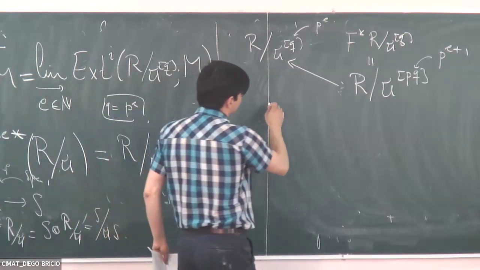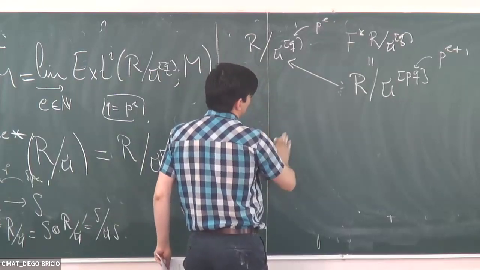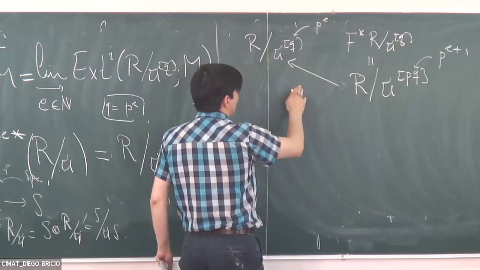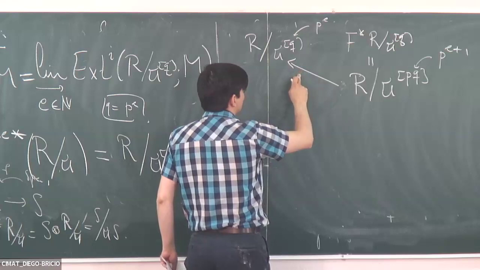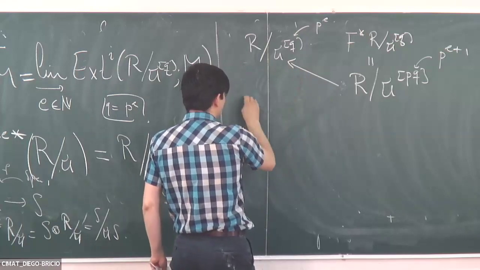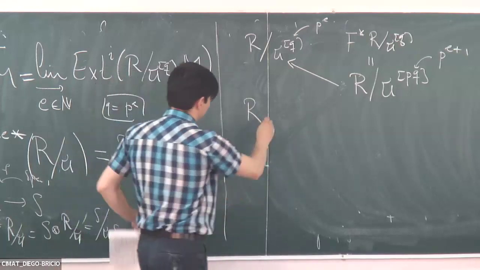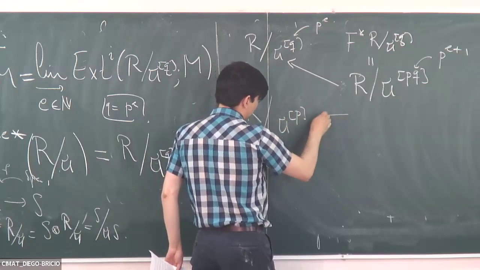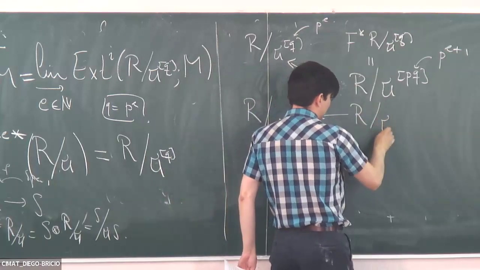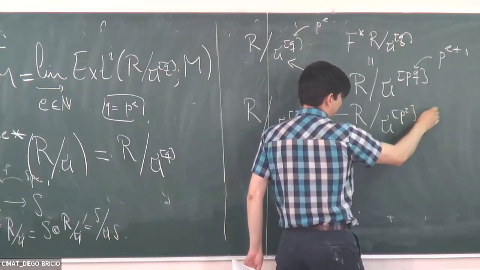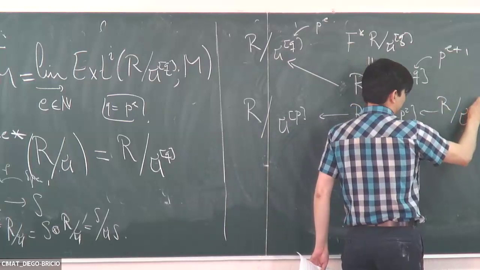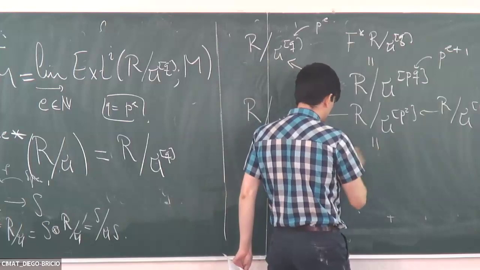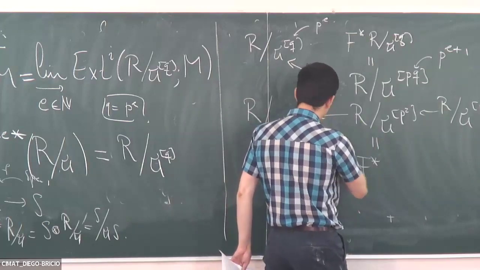So the point is that when I look at the sequence here, let me do it: A to the P, A to the P squared, A to the P cubed. My observation is that what these objects really are is just the pullback of Frobenius of this thing.